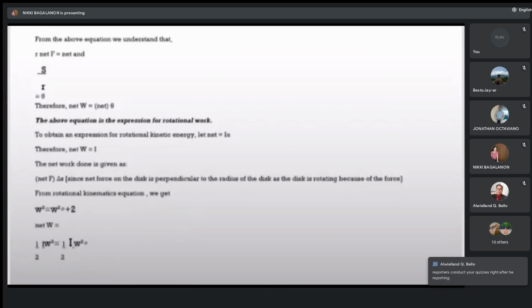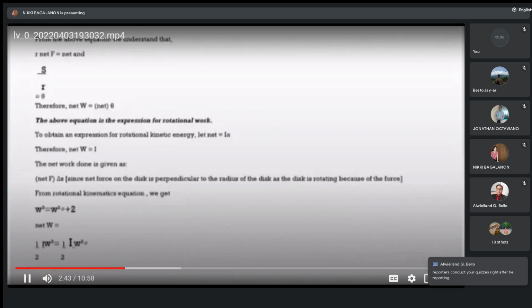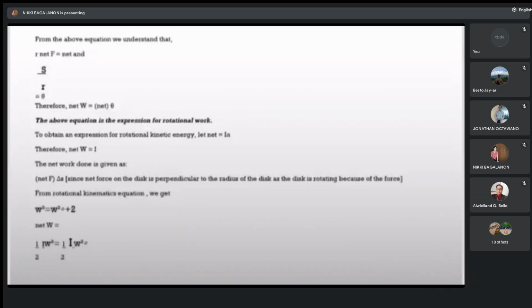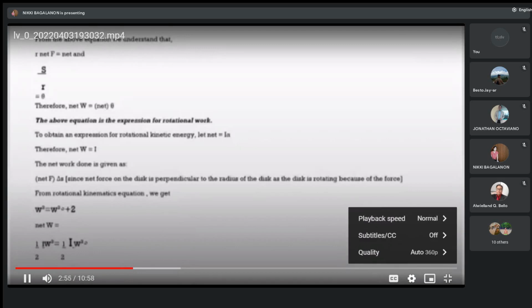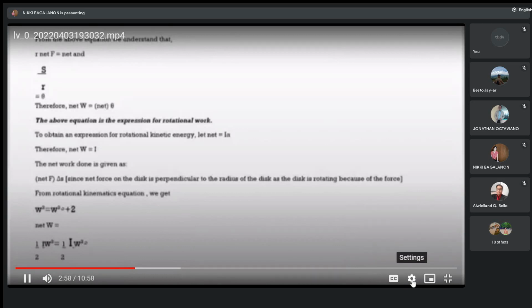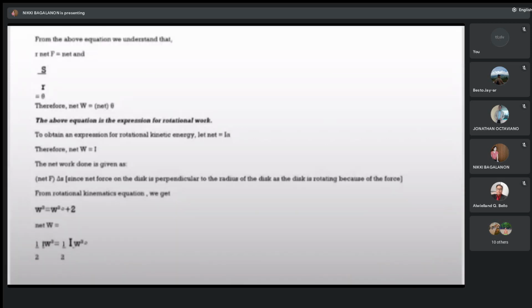From the above equation, we understand that r times net force is equal to the net torque, and s over r equals theta. Therefore, net work is equal to net torque times theta. The above equation is the expression for rotational work. To obtain an expression for rotational kinetic energy, let net torque be equal to moment of inertia times angular acceleration. Therefore, net work is equal to moment of inertia times angular acceleration times theta.